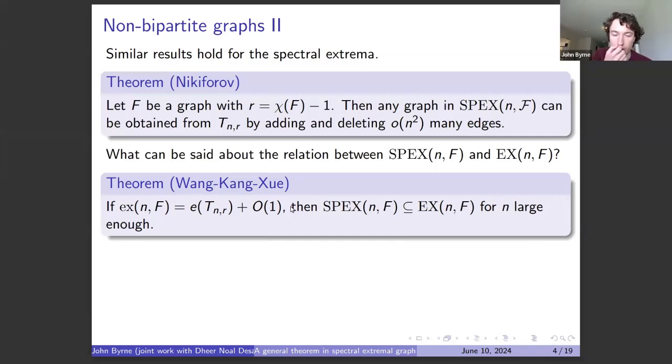That was shown by Desai, looking at the spectral extremal number of odd wheels. So there's some work left to be done to determine the precise threshold where we can state a result like this. And in fact, I think some of the phenomena there will be similar to what happens in the bipartite case.